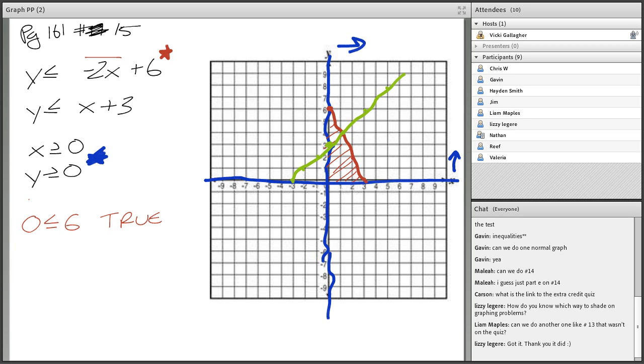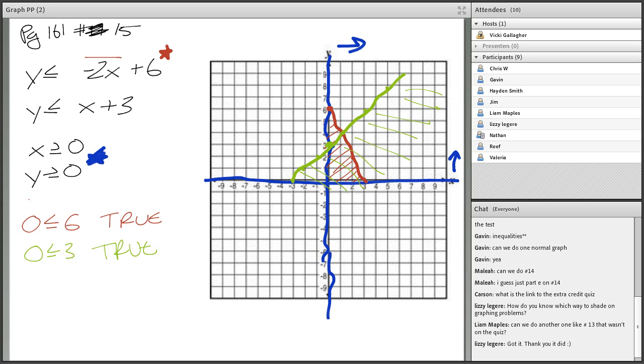And then I can plug in my 0, 0 for that one as well, and I will get 0 is less than or equal to 3, also true. So from my green line, again, I want to shade towards the origin, which is down here.